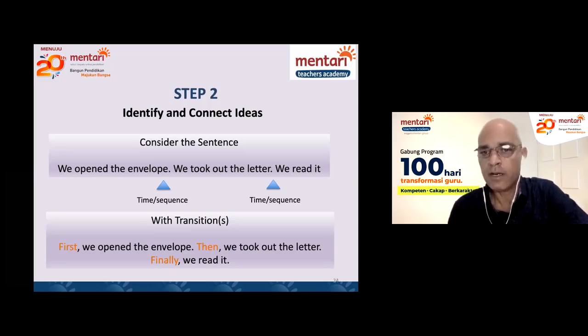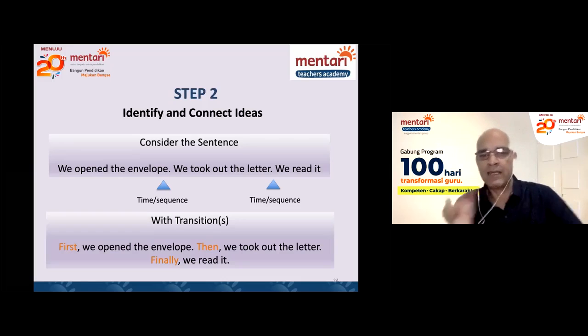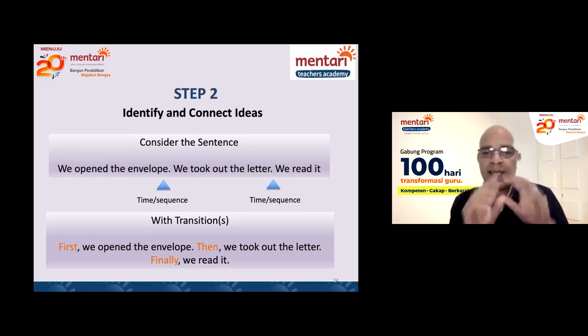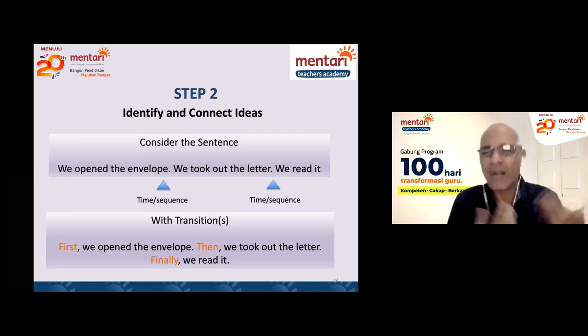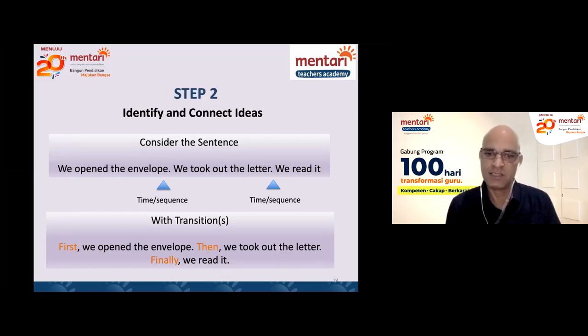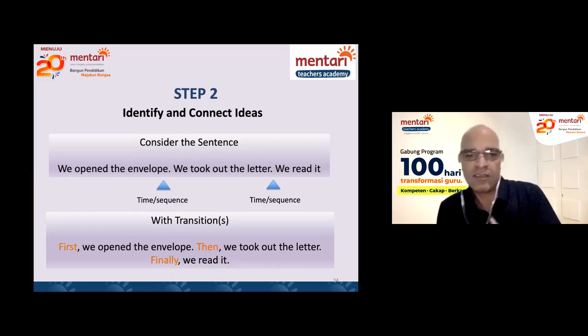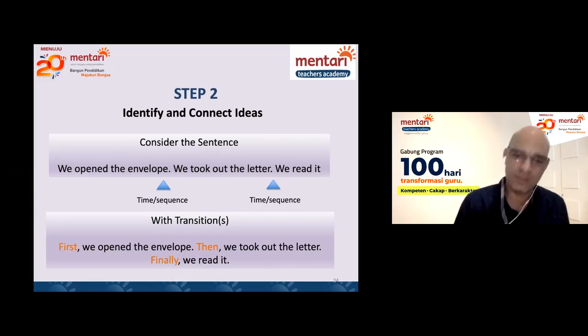So what am I trying to point out? Sometimes it's by looking at the gaps between each of the sentences that you find what idea is connecting these sentences. What's the purpose of this second sentence? What does it add to the first sentence? And what does the third sentence add to the second and to the first sentence?